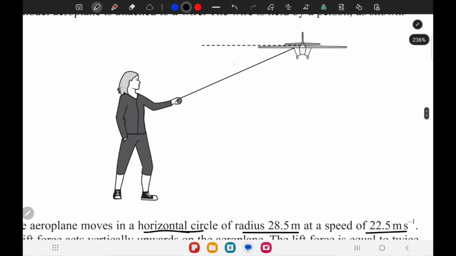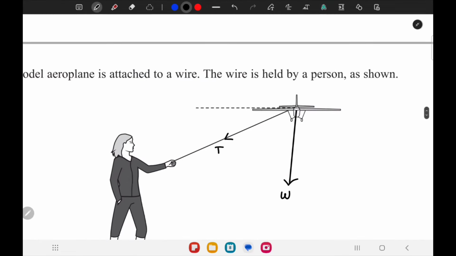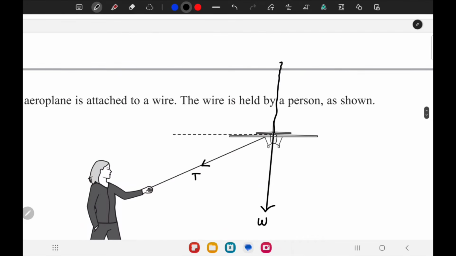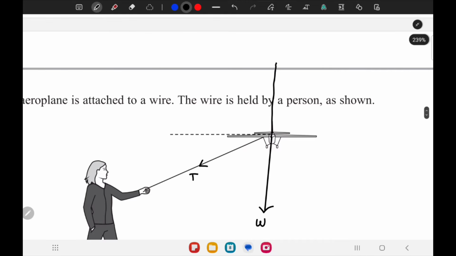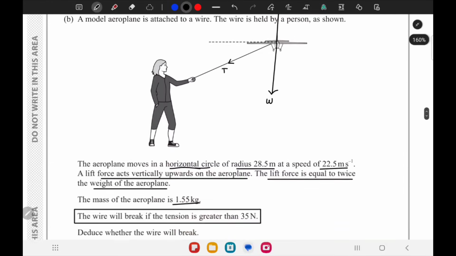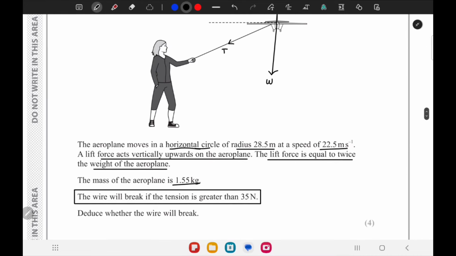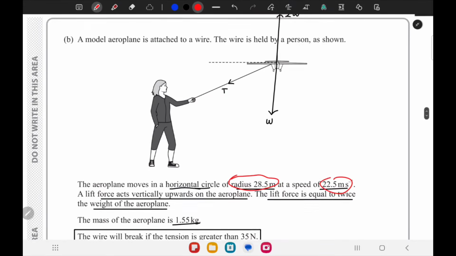So there's a tension over here. We have the weight of the aeroplane over here. The lift force over here, we are given that the lift force would be twice the weight. So 2W. We are also given the radius and speed of circular motion. So we can find the centripetal force or this force over here.